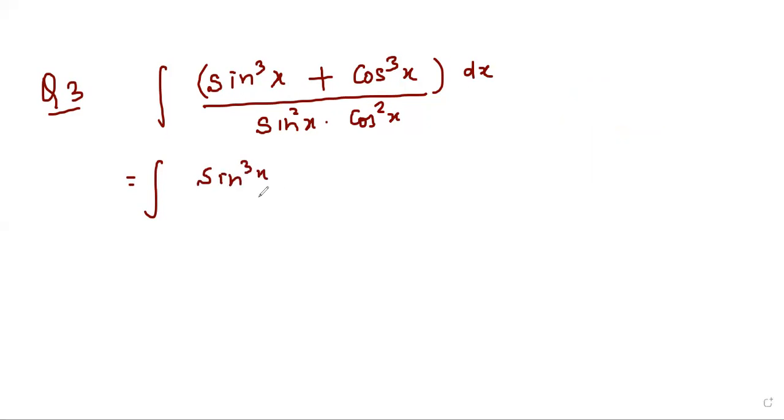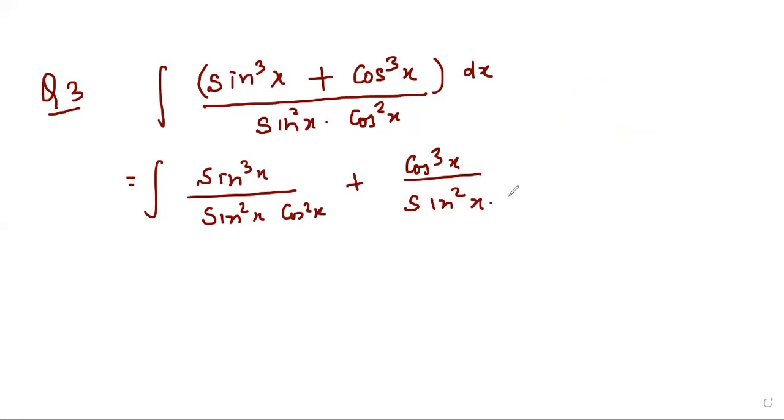Sin cube x divided by sin square x cos square x plus cos cube x divided by sin square x into cos square x whole dx.